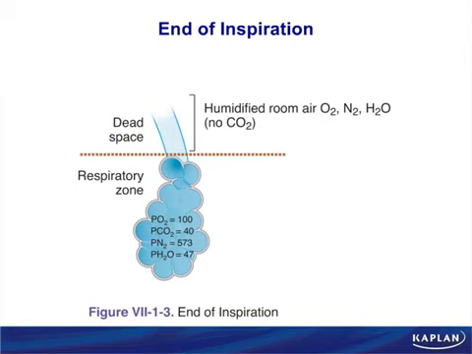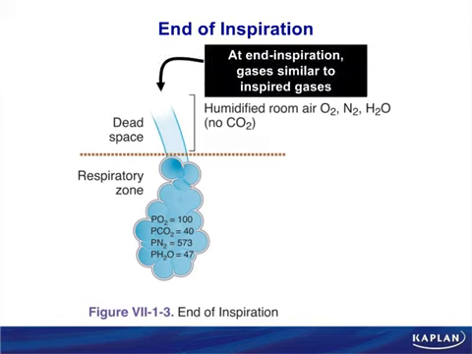All right, going the other direction, we have to think about what's in the anatomic dead space at the end of inspiration. We'll think of what the source is. The source is what we're breathing in, and atmospheric air is what we typically breathe in. So at the end of inspiration, the gases in anatomic dead space will be the same as inspired gases.